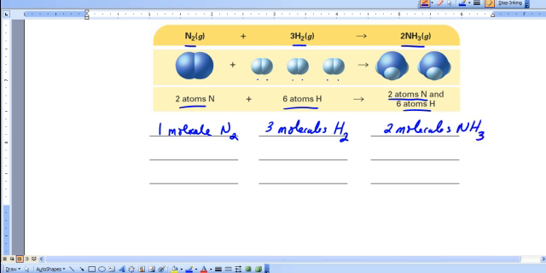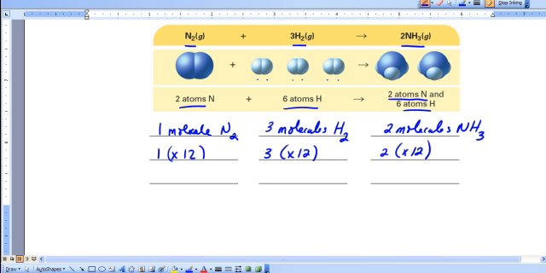All right. Now you can do this reaction 12 times. So if you multiply this by 12, you would have 1 times 12 molecules, 3 times 12 molecules of this, and 2 times 12 molecules of that. You can easily do this reaction 12 times.